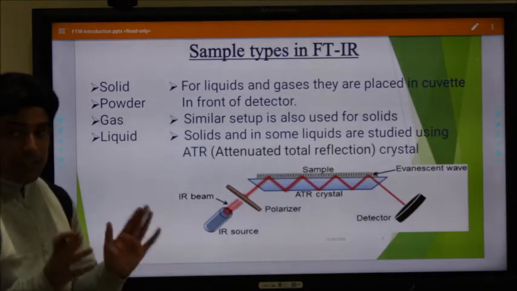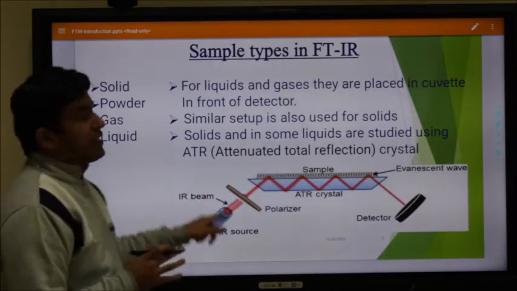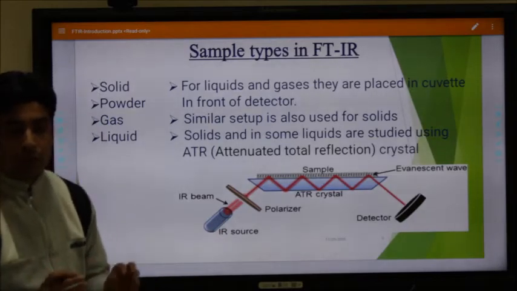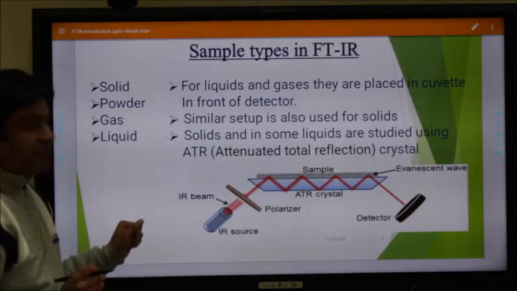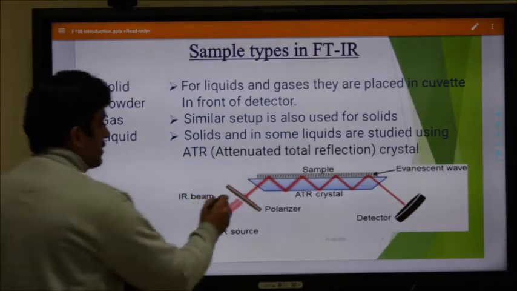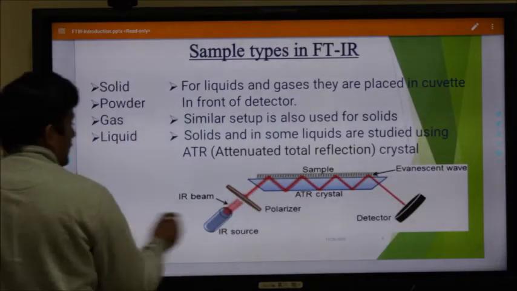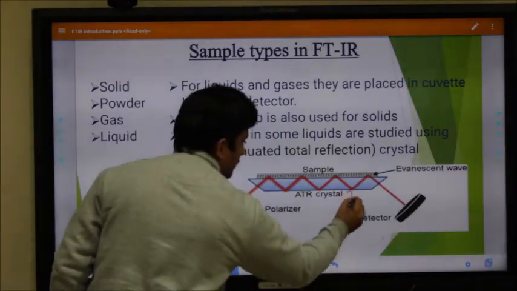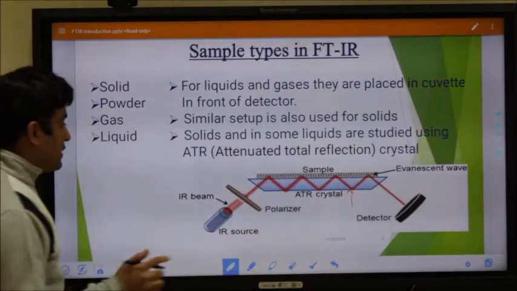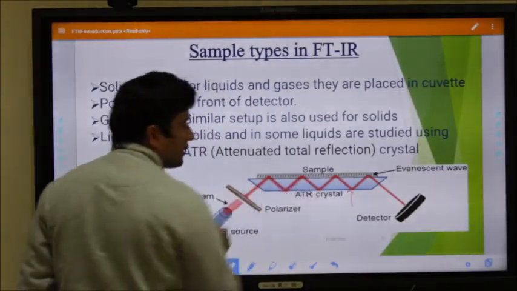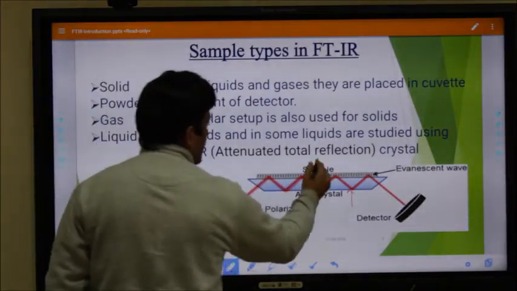In the modern world, this technique is generally preferred. What happens in this technique? You can see here, this is the crystal. The sample to be studied is placed on the crystal.